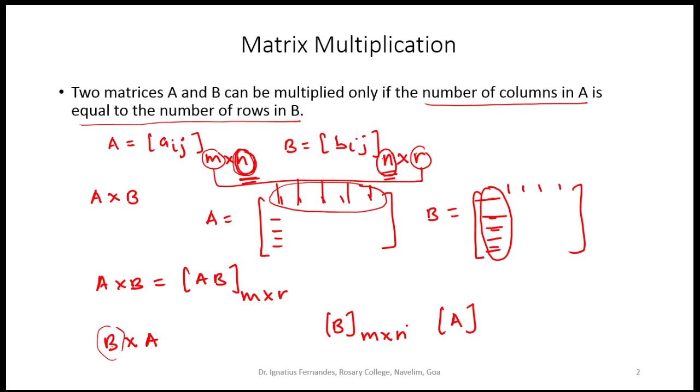You should be looking at the number of columns in B, and that should be equal to the number of rows in A. So in the order of how we are writing, if you want to multiply A and B, we look at the number of columns in A and the number of rows in B. Once that is verified, then we can multiply the two matrices, and the resultant matrix, the product that we get, will be of the order M cross N.